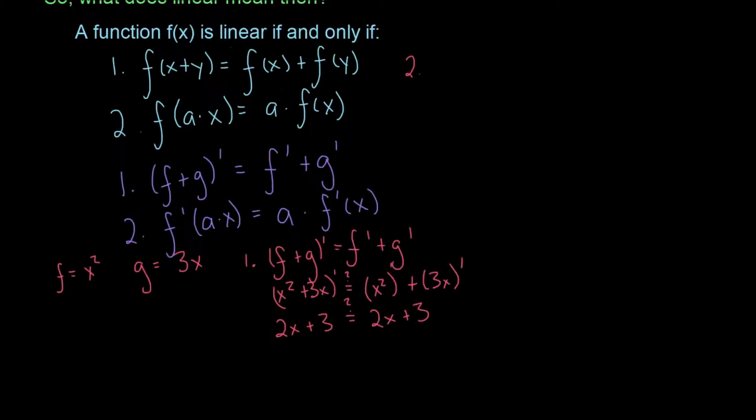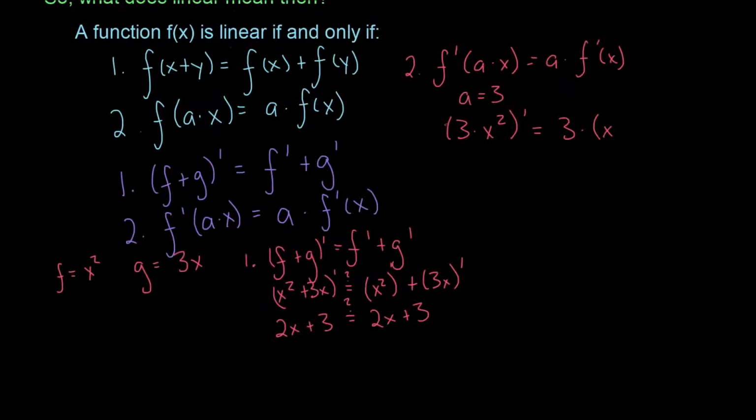And then to check our second property, let's just use f of x. What it says is that if we take the derivative of a times f of x, this is equal to a times the derivative of f of x. So let's let a equal 3. So we have 3 times x squared, take the derivative, and then let's have 3 times the derivative of x squared.